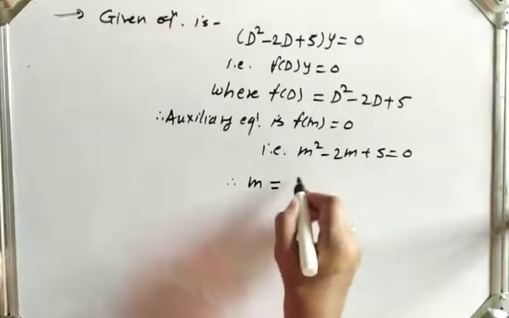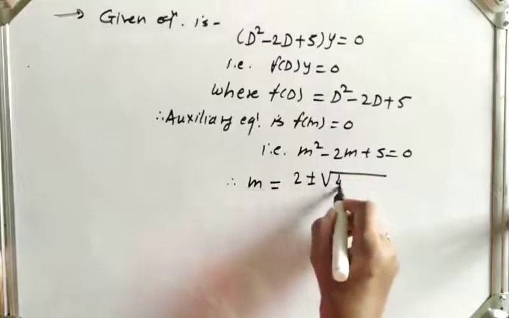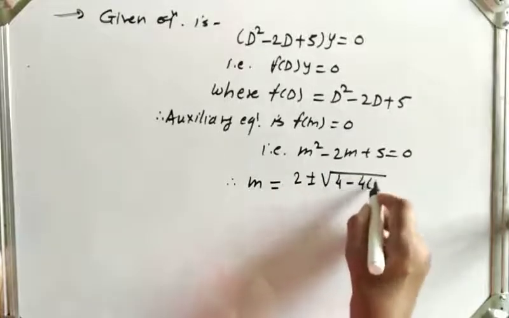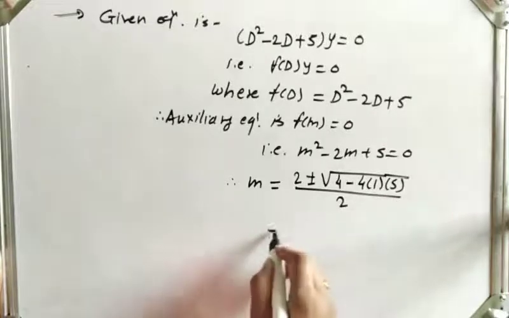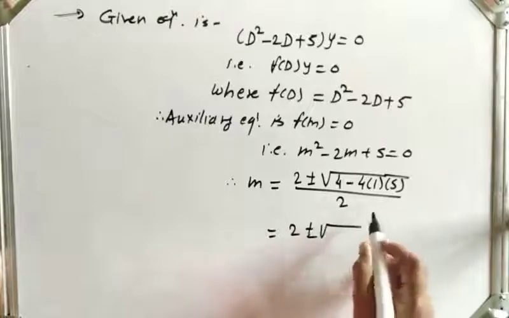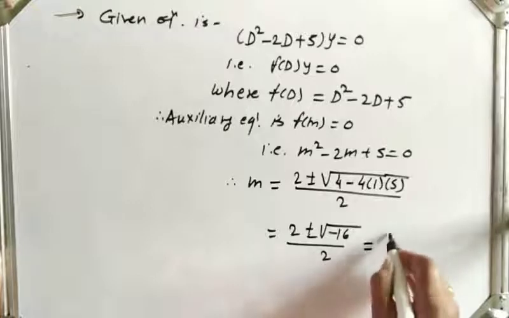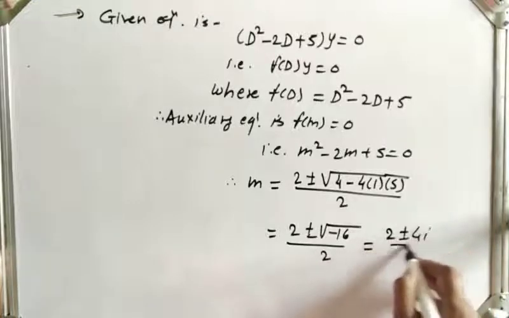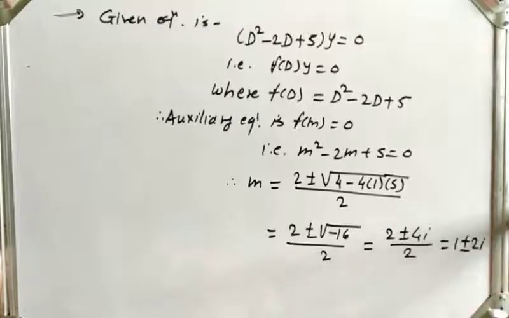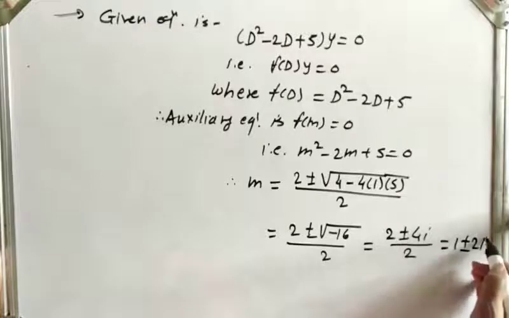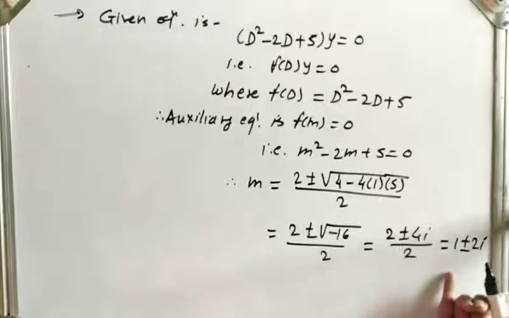So minus b means minus of minus 2 will be 2, plus minus square root of b square, that will be 4, minus 4ac upon twice a, that is 2 plus minus square root of 4 minus 20, that is minus 16, upon 2, that will be 2 plus minus 4i upon 2, which will be equal to 1 plus minus 2i. Therefore roots of auxiliary equation are 1 plus minus 2i, which is complex root.